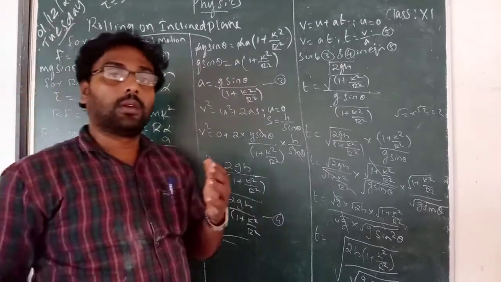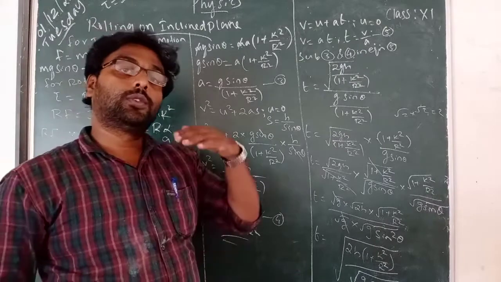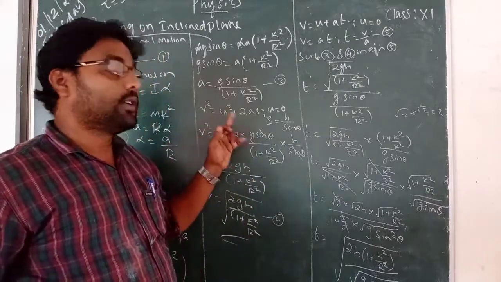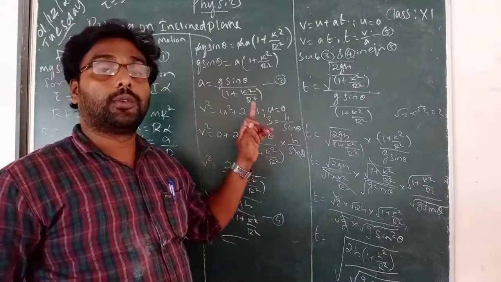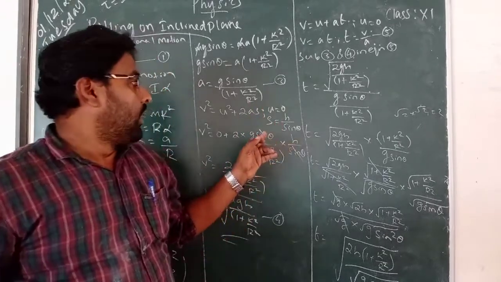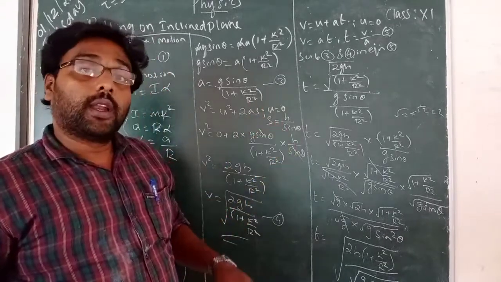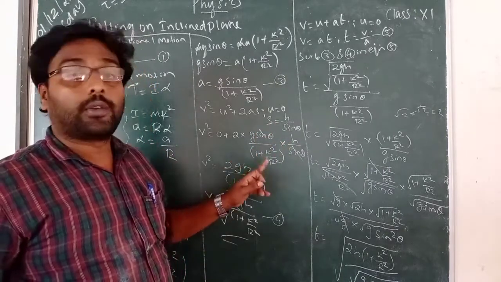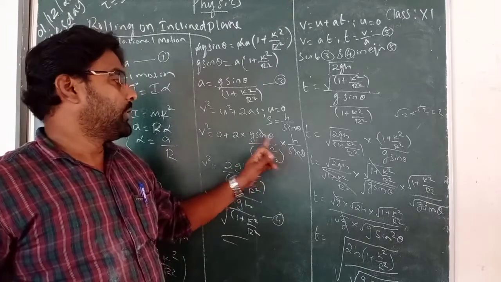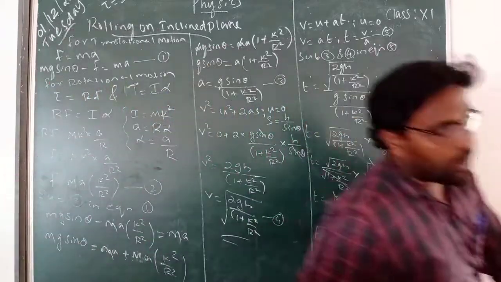Now you can find out the velocity of this object to roll down. V square is equal to u square plus 2as is the formula you can use, and here the u value is 0. And here it is moving on an inclined plane, so s is equal to h by sin theta. Substitute here.